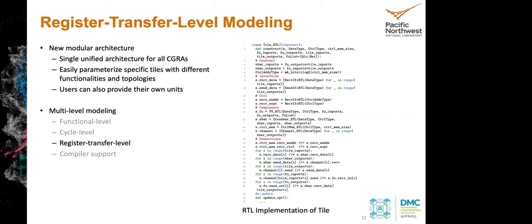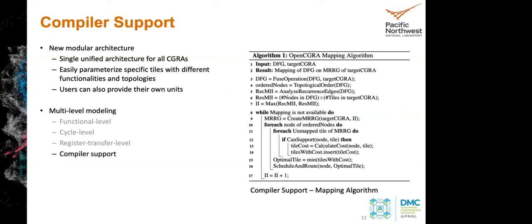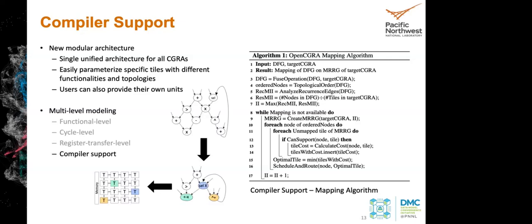To make a CGRE work efficiently, compiler support is also essential. OpenCGRE provides a heuristic algorithm to enable DFG mapping onto the CGRE. The CGRE is represented as a modular routing resource graph. The novelty here is that our algorithm takes the complex functional unit into consideration.